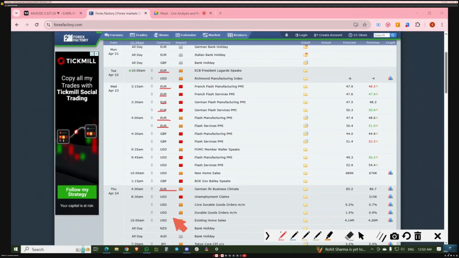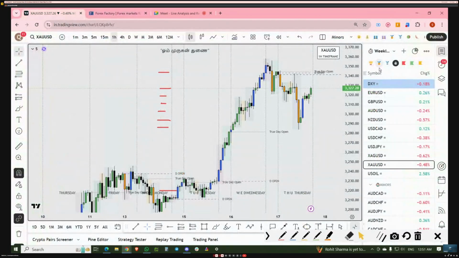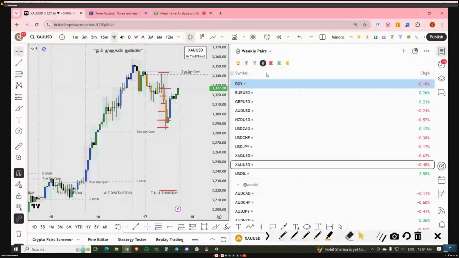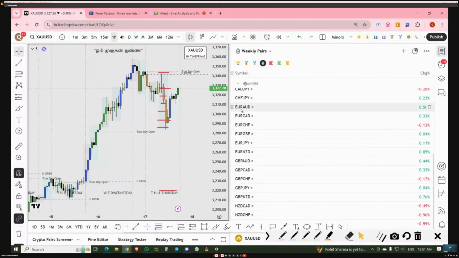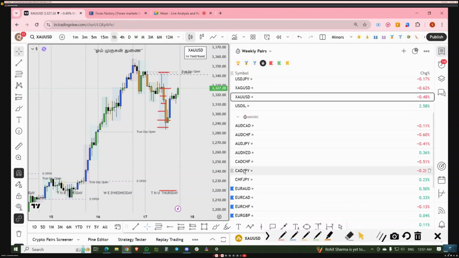So now what we can do is filter: all the euro pairs can be traded. So we are going through our checklist. I just put them in blue. Clear, sir? That is the logic here, right?